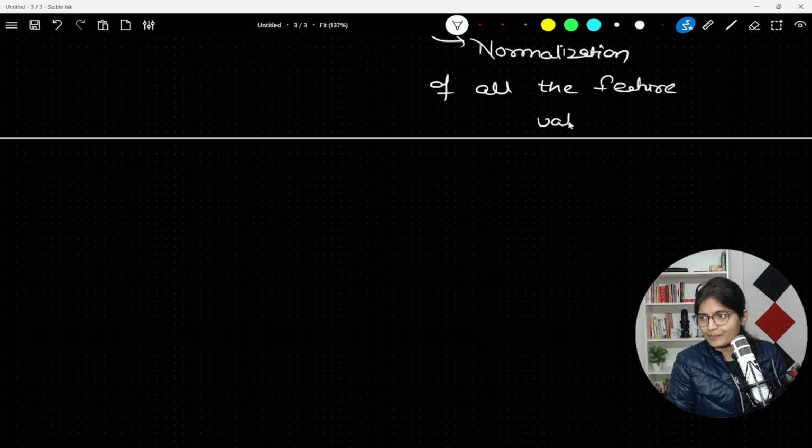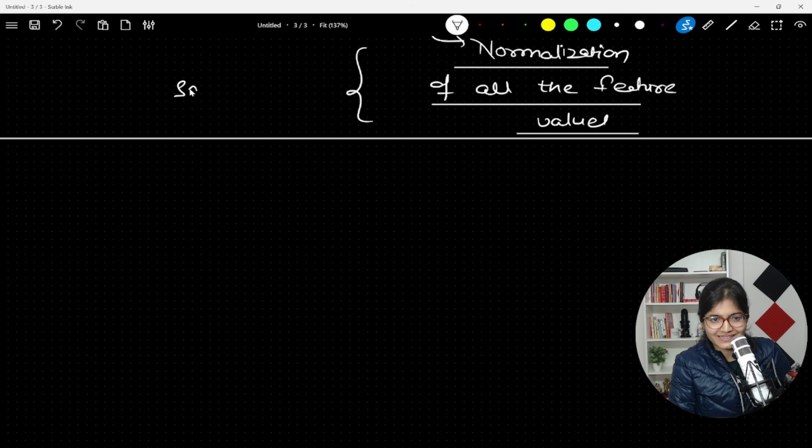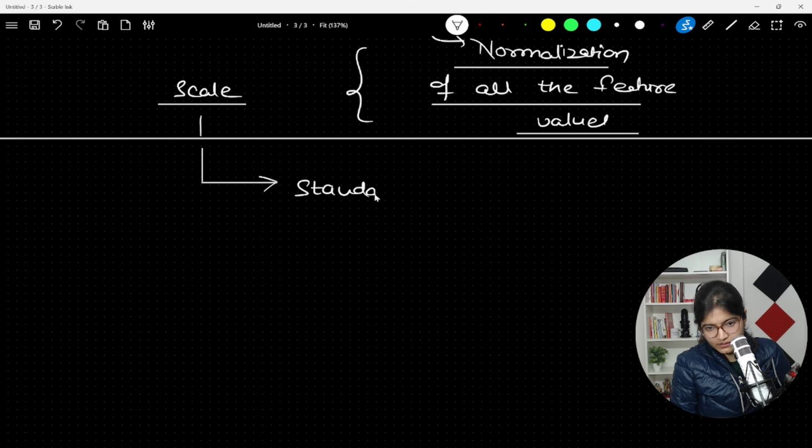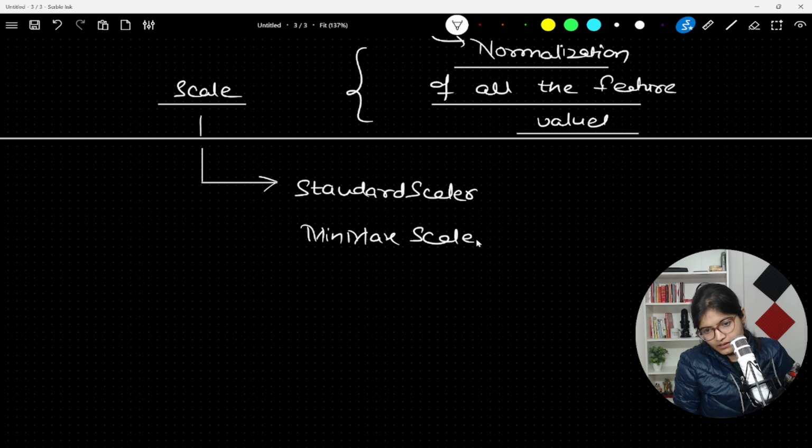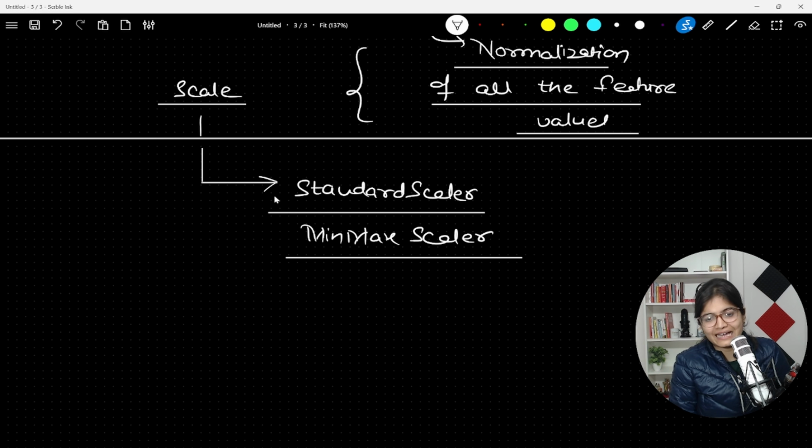So we will try to scale all our values in between some specific range. And that is where we have two methods. One way to scale the values is using a standard scaler. Another way is a min-max scaler. Now, I will do it with the standard scaler as of now.